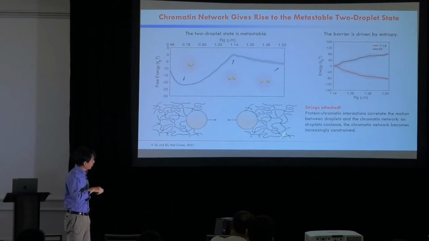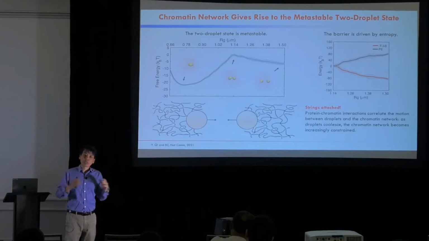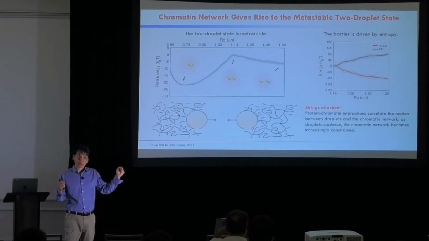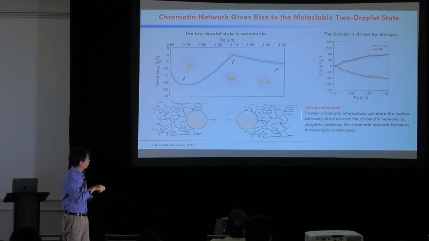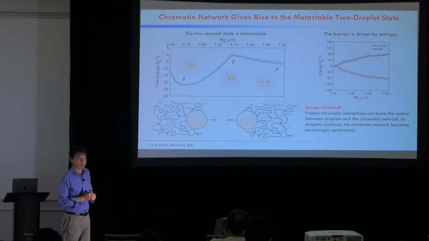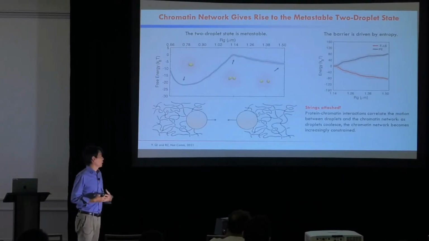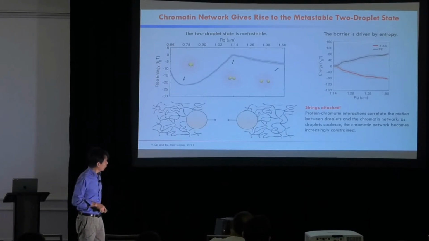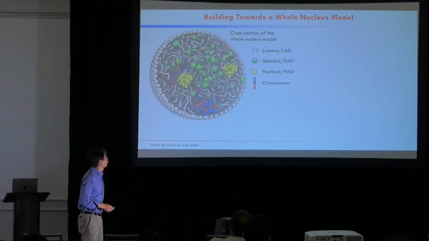In a very simplified version, you can think of the chromatin as more like a rubber. Like any polymer network, it is kind of like a rubber. If you pull on the rubber, there will be a countering force, right? And that countering force is what gives rise to this barrier. And because rubbers are really like entropic springs, they explain the entropic origin in our simulations. Okay.